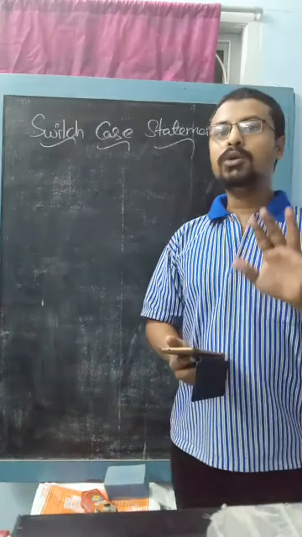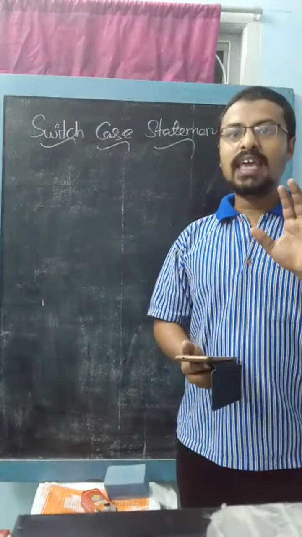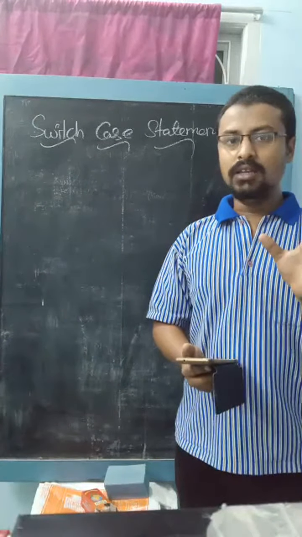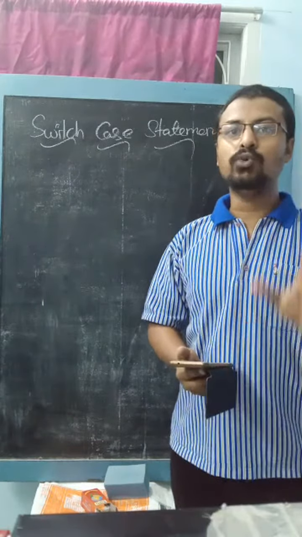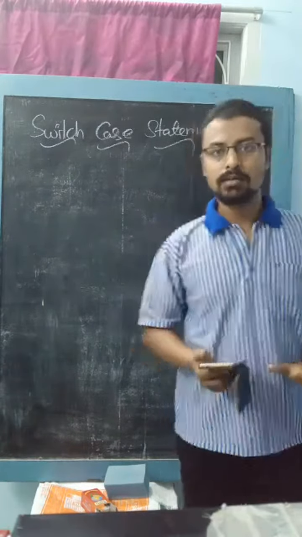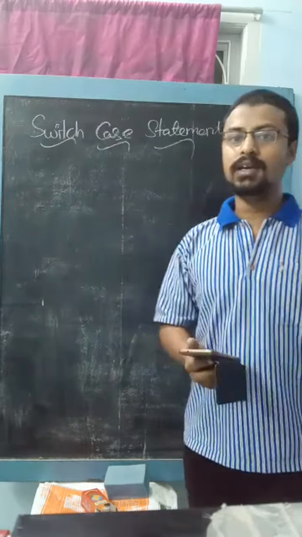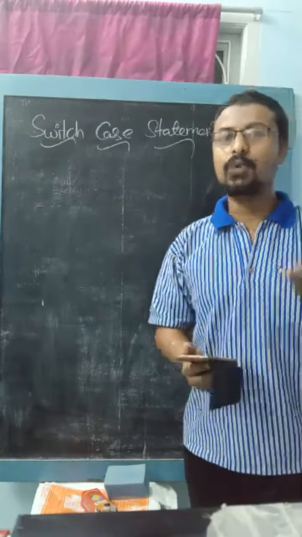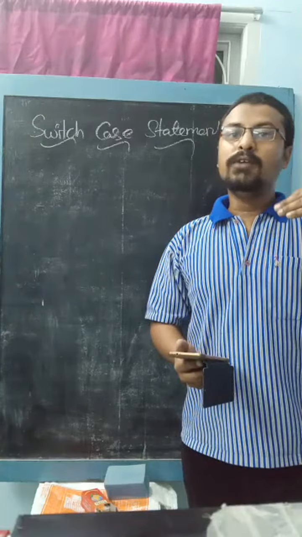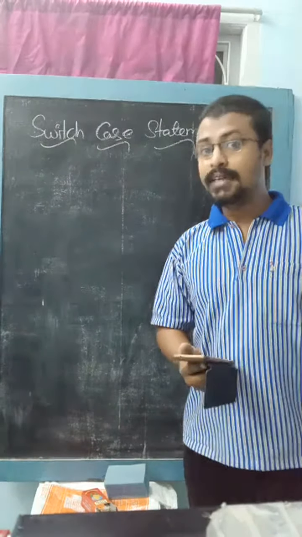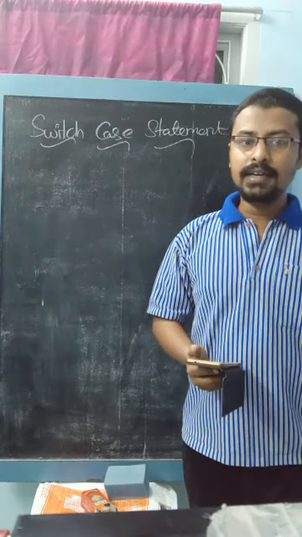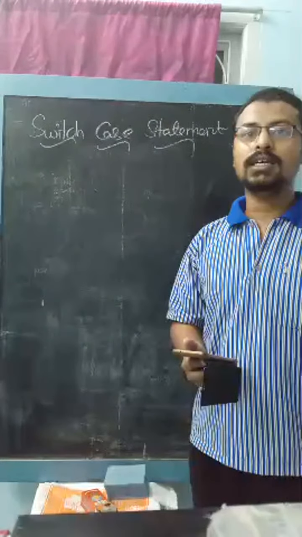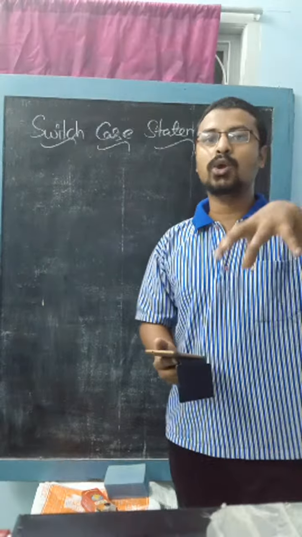If you are going to solve any range of values, you have to use only else if ladder. For example, we already saw in the previous classes, above 80, that is 80 and more than 80, comes under the category of distinction.